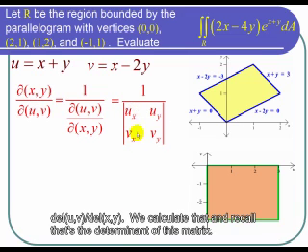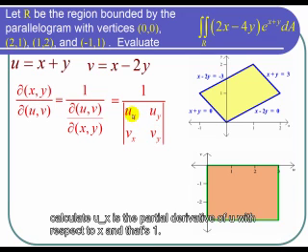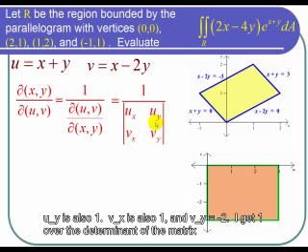Recall that's the determinant of a matrix. So we have 1 over the determinant of the matrix of partial derivatives: u_x, u_y, v_x, v_y. The partial derivative of u with respect to x is 1. u_y is also 1. v_x is also 1.